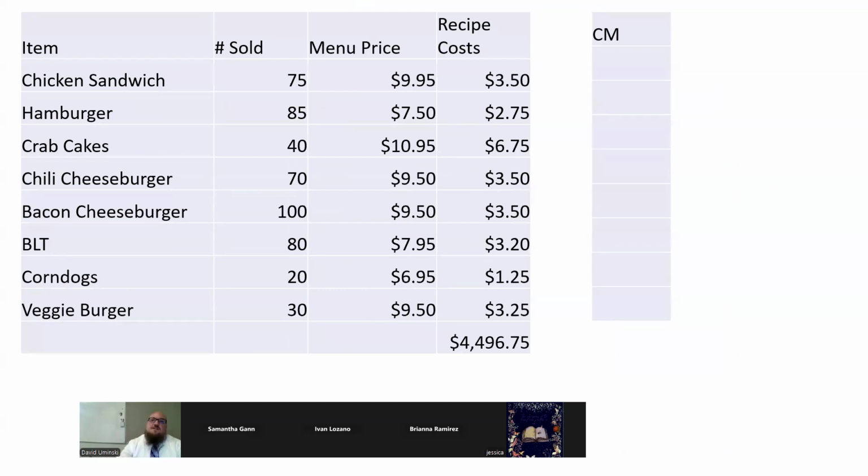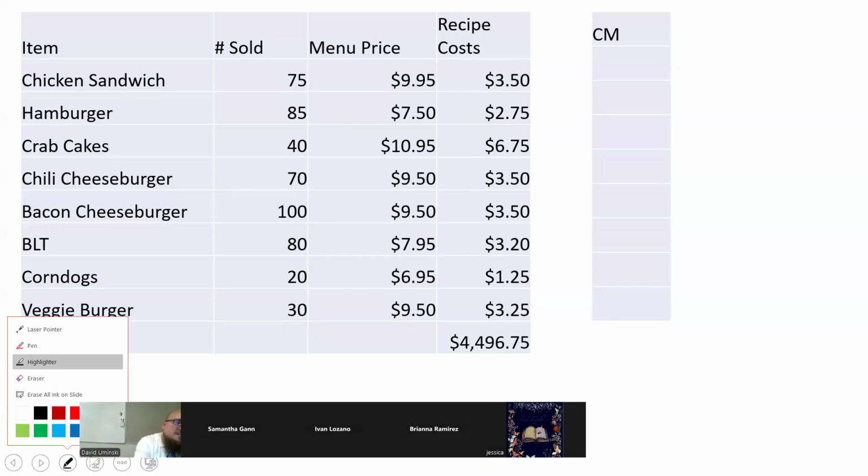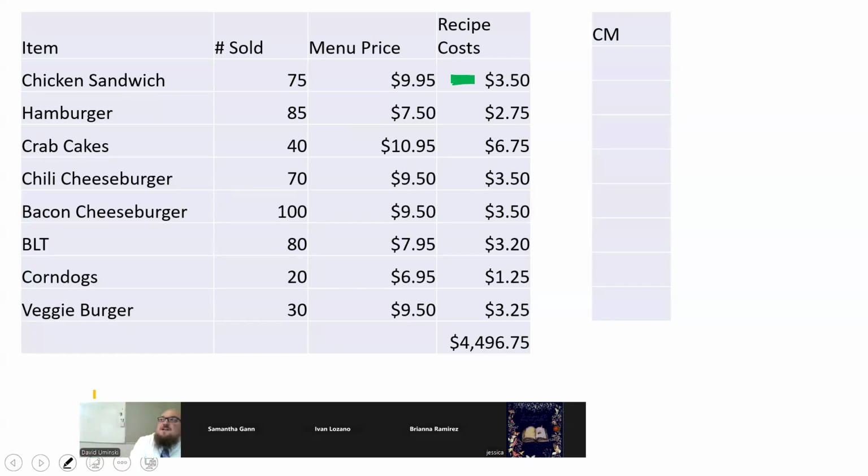To find our contribution margin, we want to subtract from the menu price what the recipe actually costs us to make.